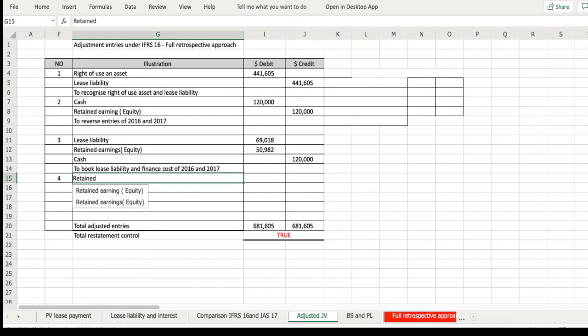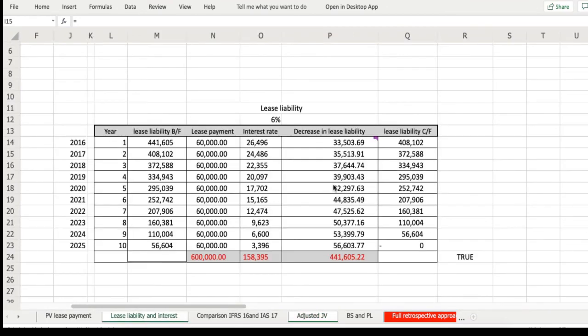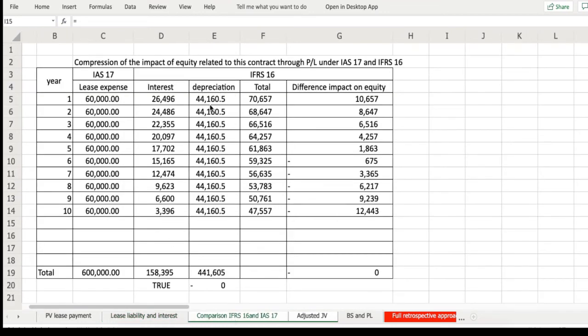So the fourth entry would be depreciation, retained earnings. We debit the retained earnings and credit the right of use asset.